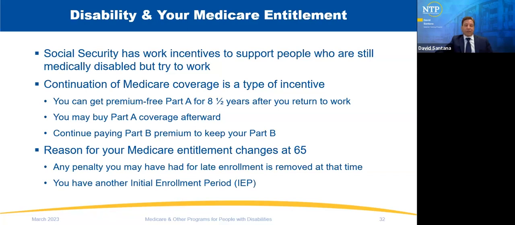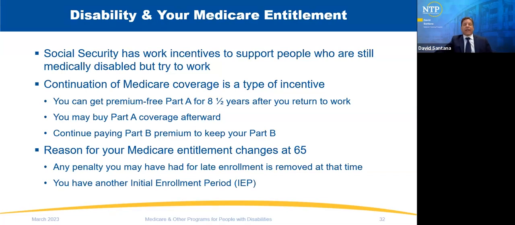So if they had, for example, a Medigap policy that was only authorized by the state, we'll talk about Medigap policy in a minute, they have this brand new open enrollment period. They can choose any Medigap policy in the state, probably at a better price. So a lot of things happen once the individual goes from disability to age.